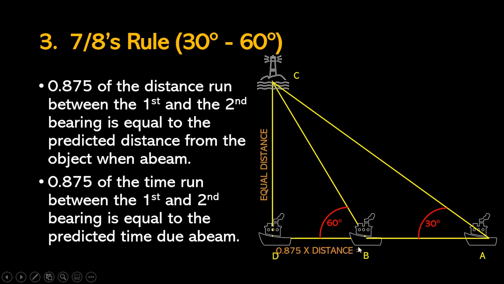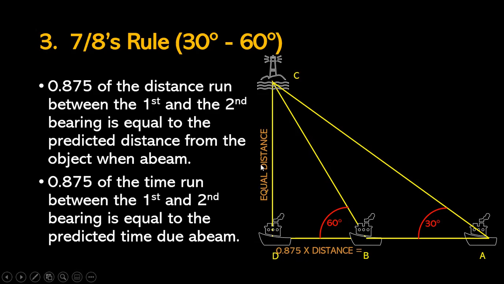So kung ano yung nakuha nating distance sa B to D, ganun din daw yung nagiging distance ng ating barko when our vessel is abeam on the fixed object, or dito sa lighthouse na to. So simula dito hanggang dito ay equal daw yung distance, kapareho nitong distansya na to.